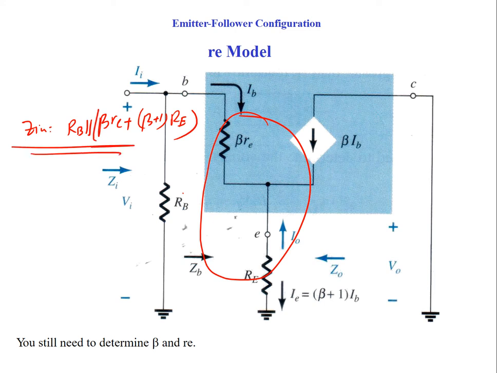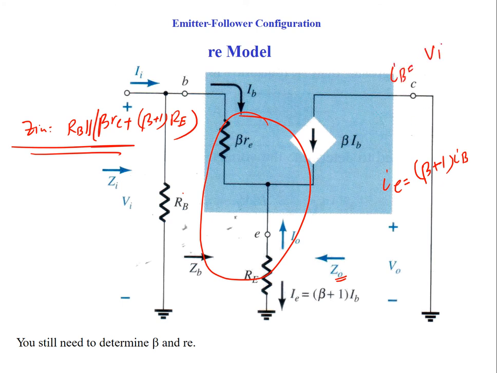If you look at the output impedance, to get it from this end, first we try to get the relationship of IE. We know that IE is (beta plus 1) times IB. And what is IB?